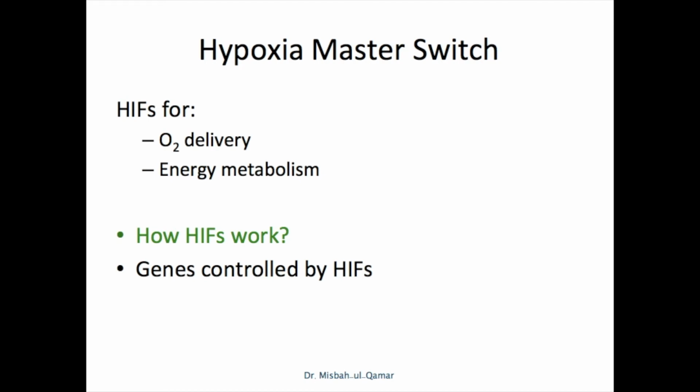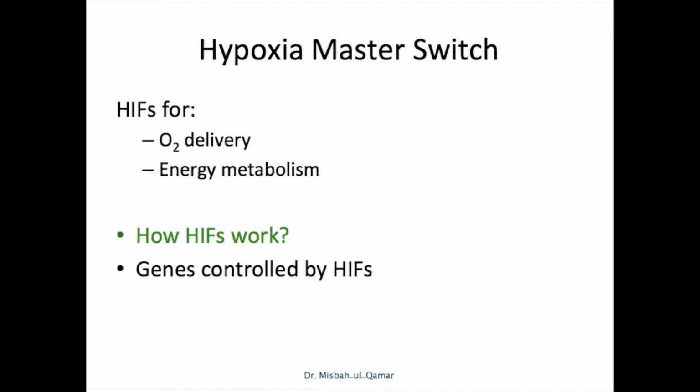Normally, these hypoxia-inducible factors stay inactivated. But in hypoxia, these HIFs are activated by the inactivation of HIF hydroxylases. Now, this inactivation results in the formation of a transcriptionally active HIF complex, and that's how the switch is turned on.